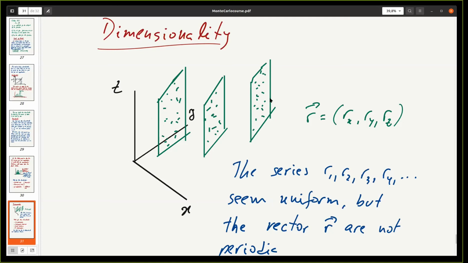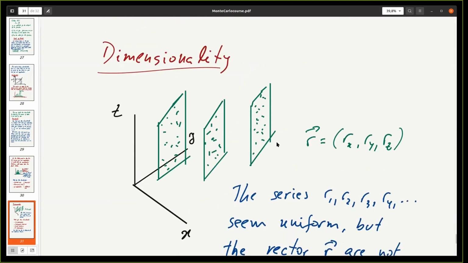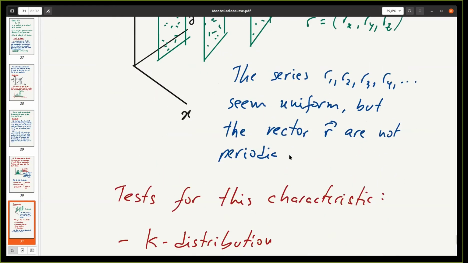So there is some regularity in the distribution of points in this dimension. This means that the dimensionality is not good.